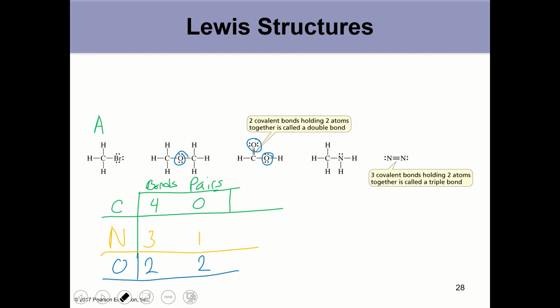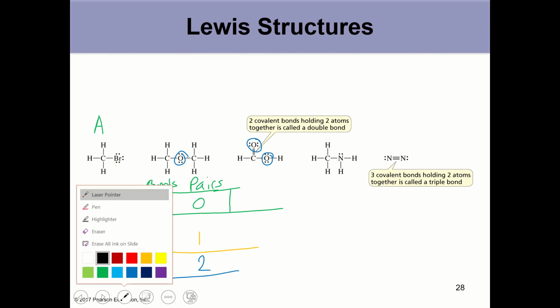So for our oxygens in these 2 Lewis structures, the first oxygen, we have 1 bonded carbon, another bonded carbon, so that's 2 bonds and 2 lone pairs. That's correct. In this molecule, which we call a carboxylic acid, we have an oxygen that has a double bond, so that's 2 bonds and 2 pairs, and the other oxygen has 1 bond to hydrogen, 1 bond to carbon, so that's 2 bonds and 2 pairs.